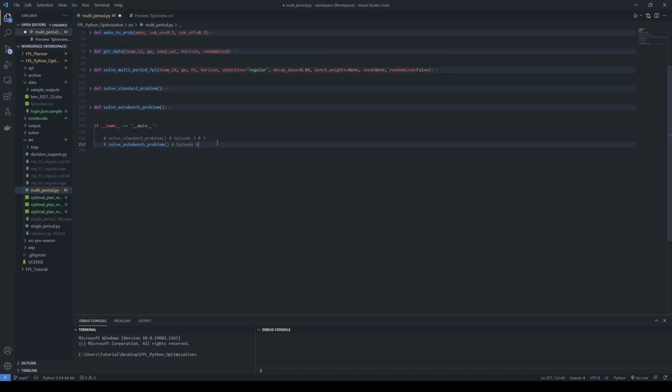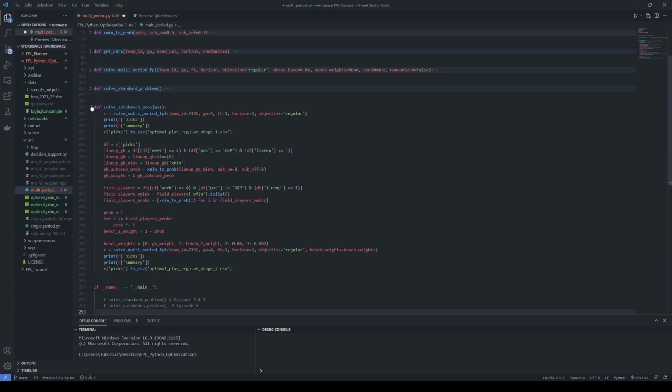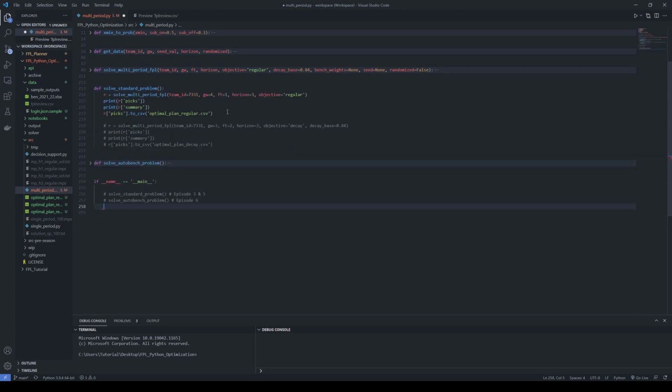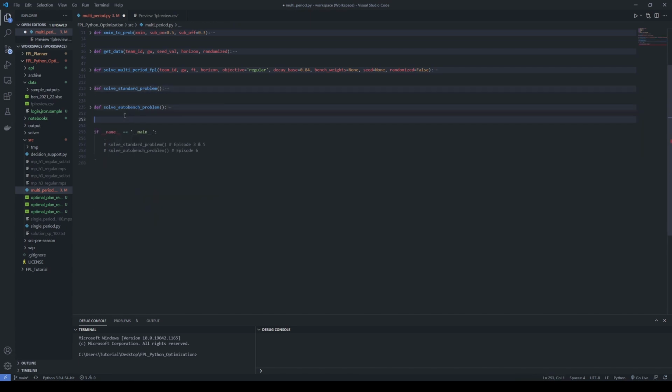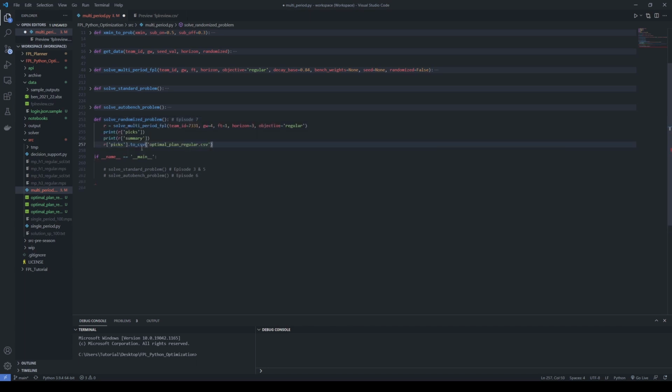Here I will say, so we had, actually, let's go back to the standard problem, and then I will add another function and call it solve randomized problem. So this is the episode 7 edition, and then here I'll say solve multi-period. This is my team ID, and then game week 5.